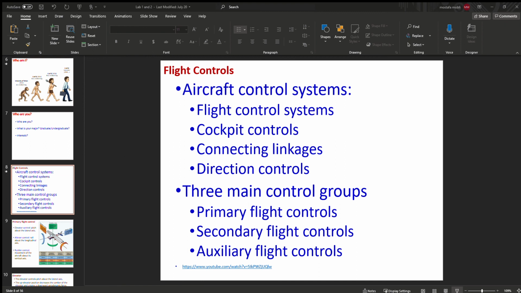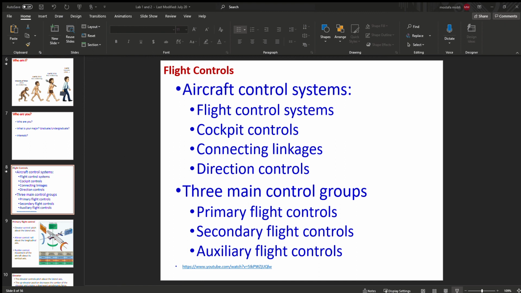Your rudder is going to move to the left, which means the nose of the aircraft is going to move to the left. The same is true on the right: you move the right rudder forward, so your rudder turns right and your aircraft nose turns right as well. So when you're on the ground, you use the rudder to turn, to get to the tarmac and be able to fly.